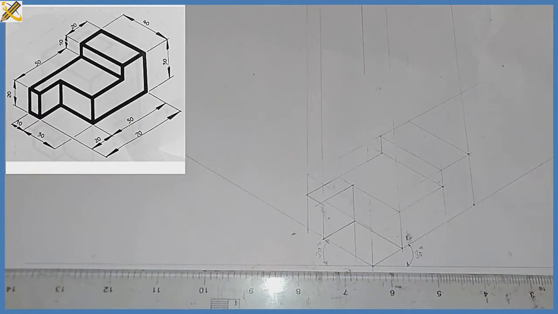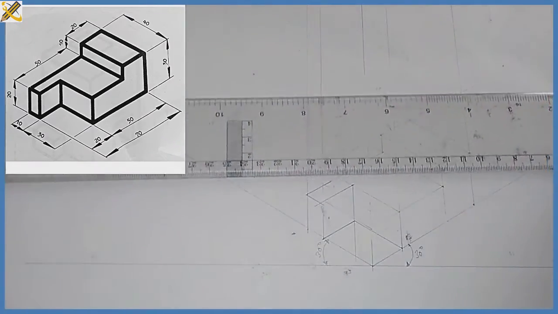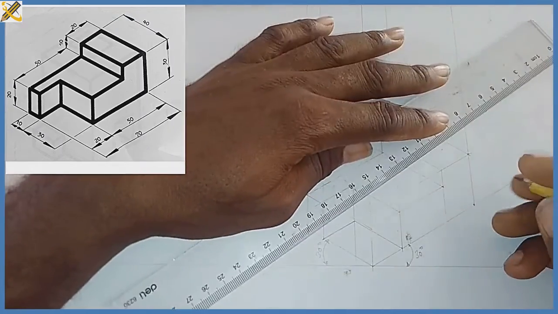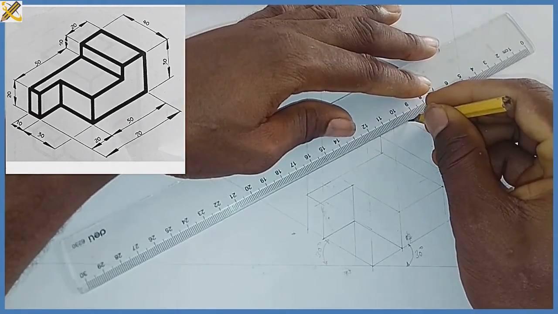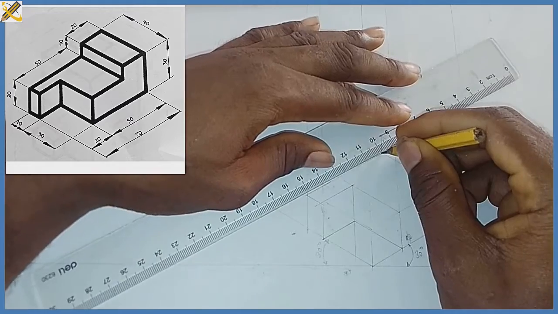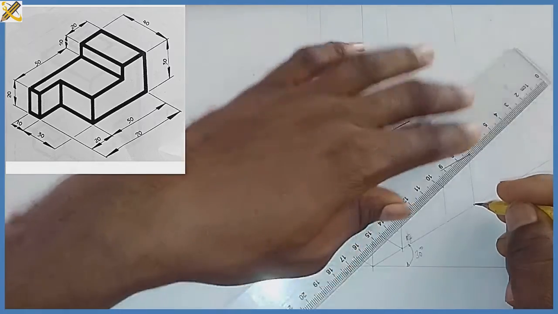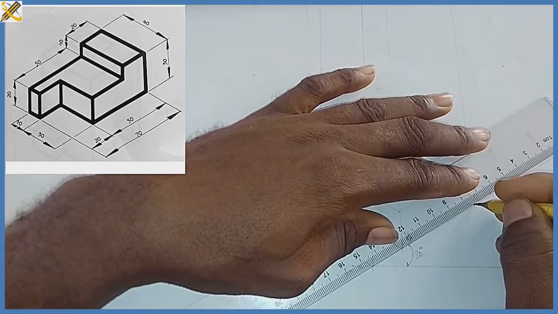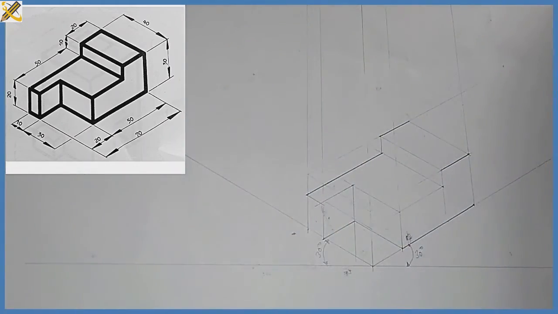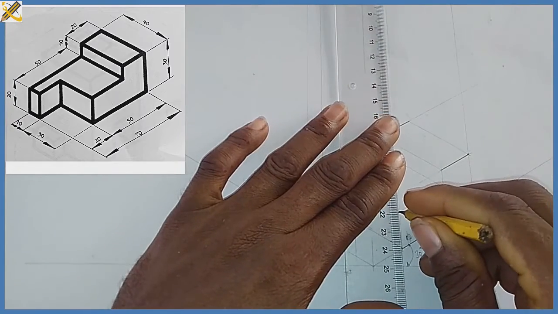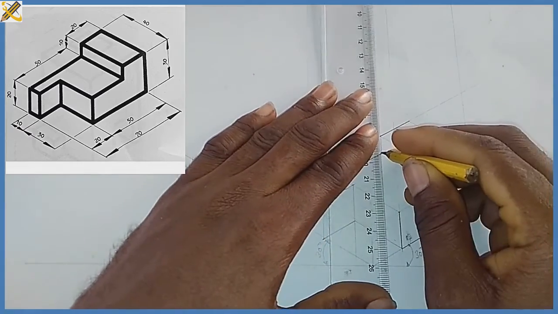Next thing is to thicken my real object out. So with my ruler, I'm going to slide this up there, and I'm going to thicken it out. This comes here, this comes here, this comes here, right? This comes here. Okay, so this is here, this is here.